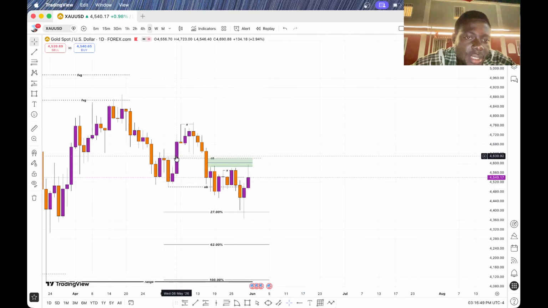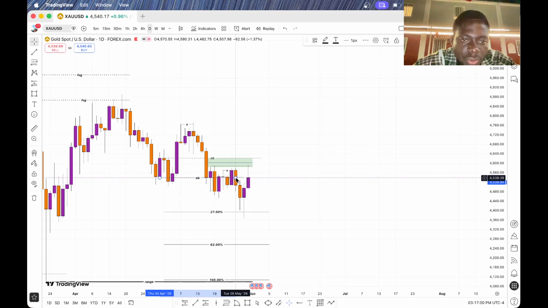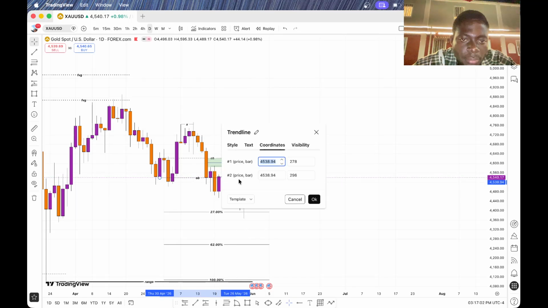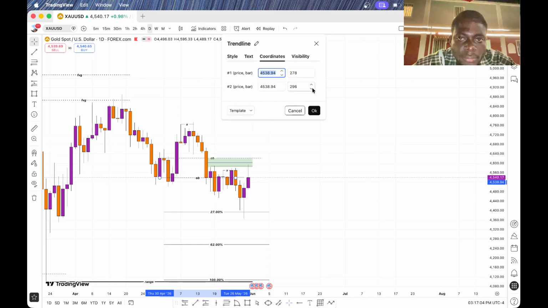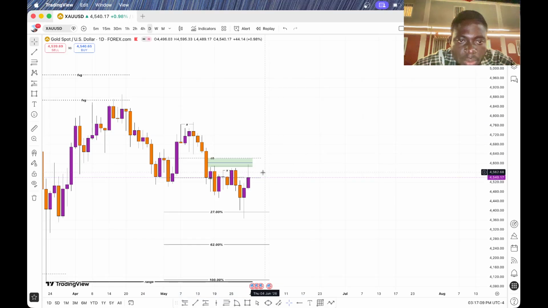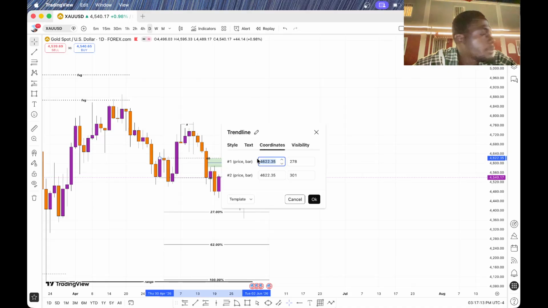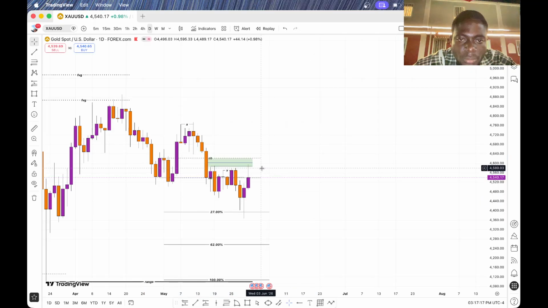Because I circled this particular candle as a breaker block. Yes, I circled this particular candle as a breaker block.